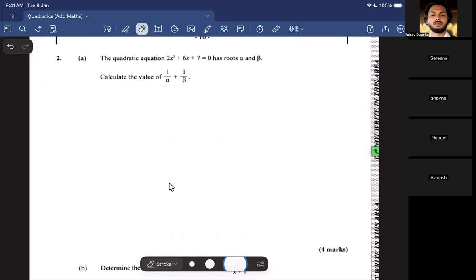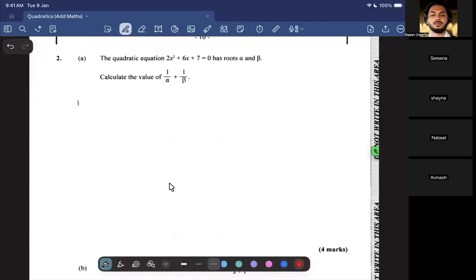My advice with these questions is typically to find the LCM too. Find alpha plus beta and alpha beta first. Find the LCM.